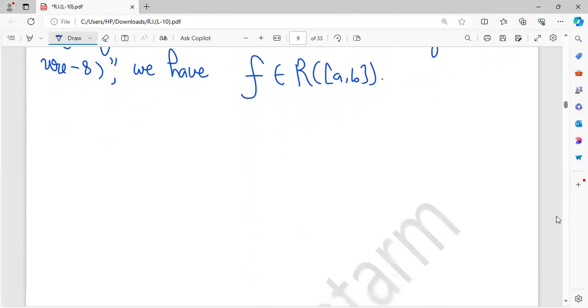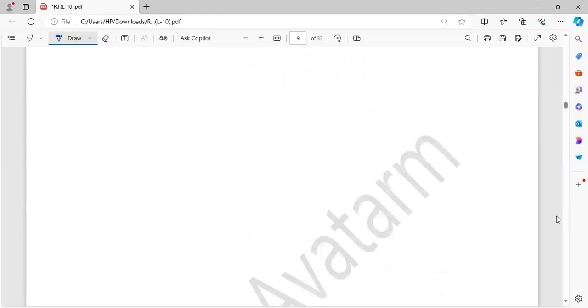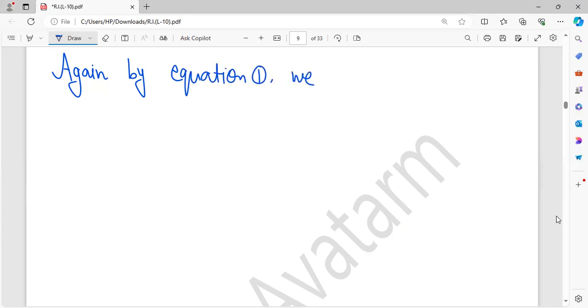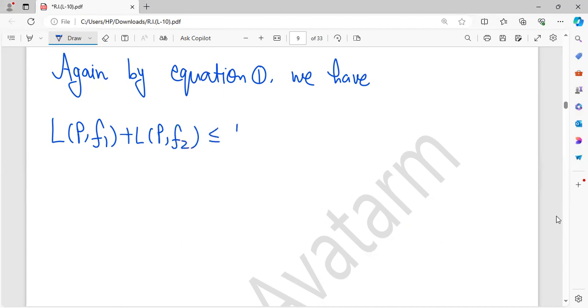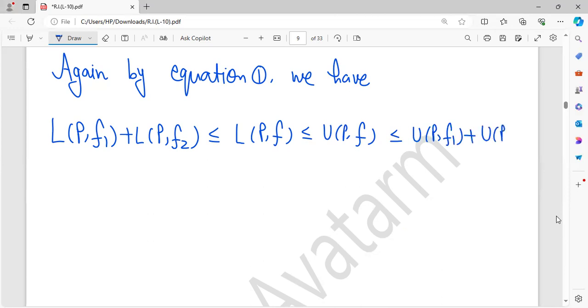So we have shown that F is Riemann integrable. Now again by equation 1 we have LPF1 plus LPF2 less than LPF less than UPF less than UPF1 plus UPF2.